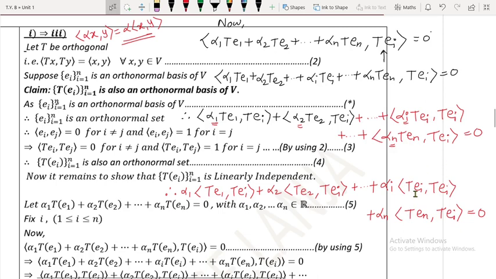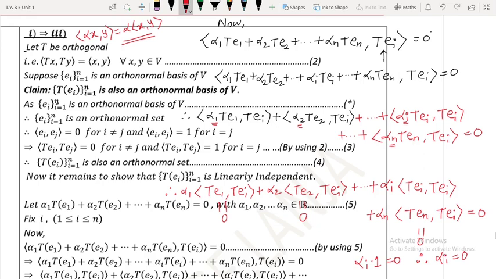Inner product of T of ei with T of ei is going to be 1, and similarly this is also going to be 0. So only one term is going to be 1, rest of the terms are going to be 0. So what we are going to get here is, this will be 0, this is also 0, this is also 0. So what is left out then? Only alpha i multiplied by 1 is equal to 0, and therefore alpha i is equal to 0.